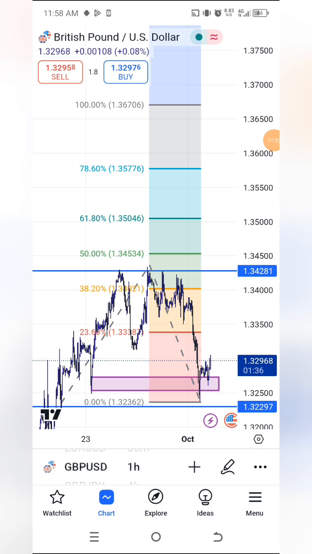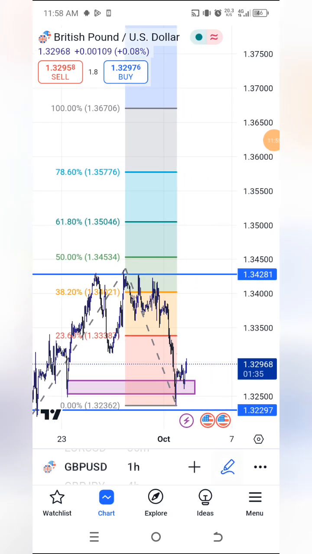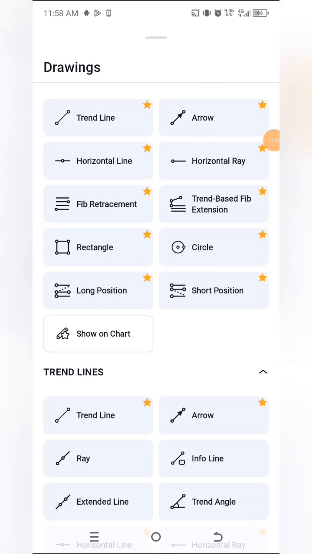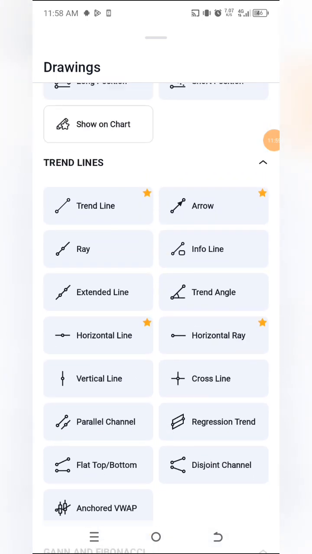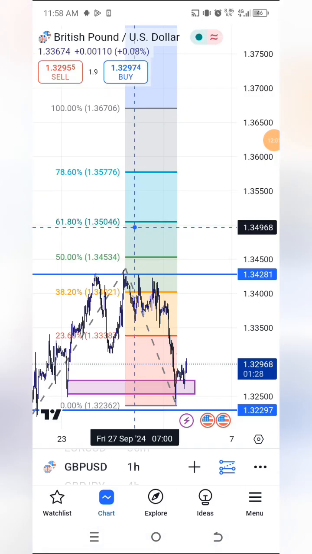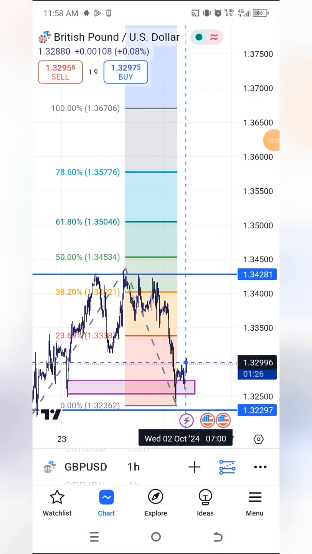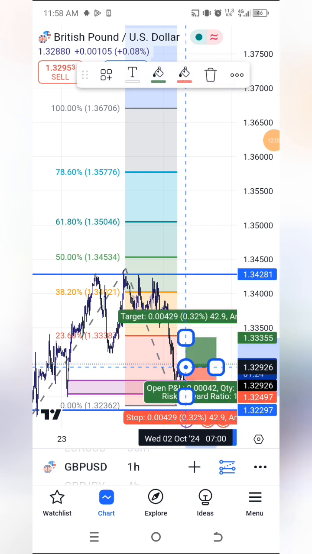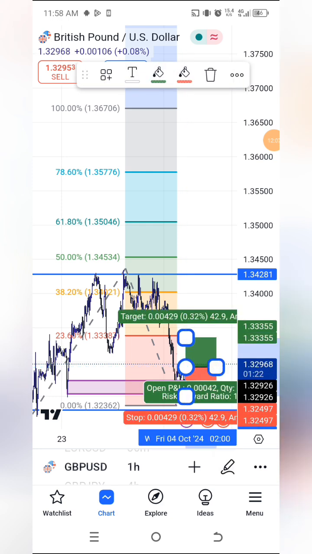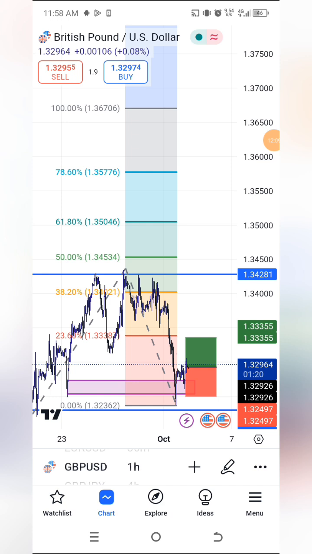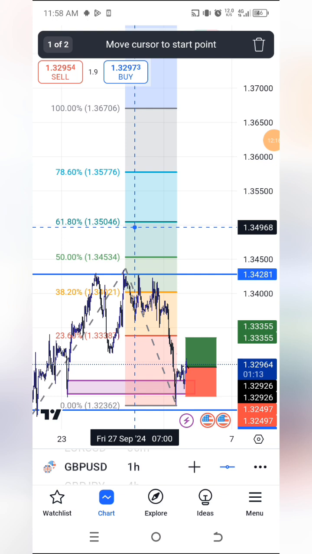So if at all you are going to enter for our buys, like I'm already in buys actually, you come and place your tool, for instance here. What you want to know is where should we place our target. So this is our area that we are going to choose as our first area.